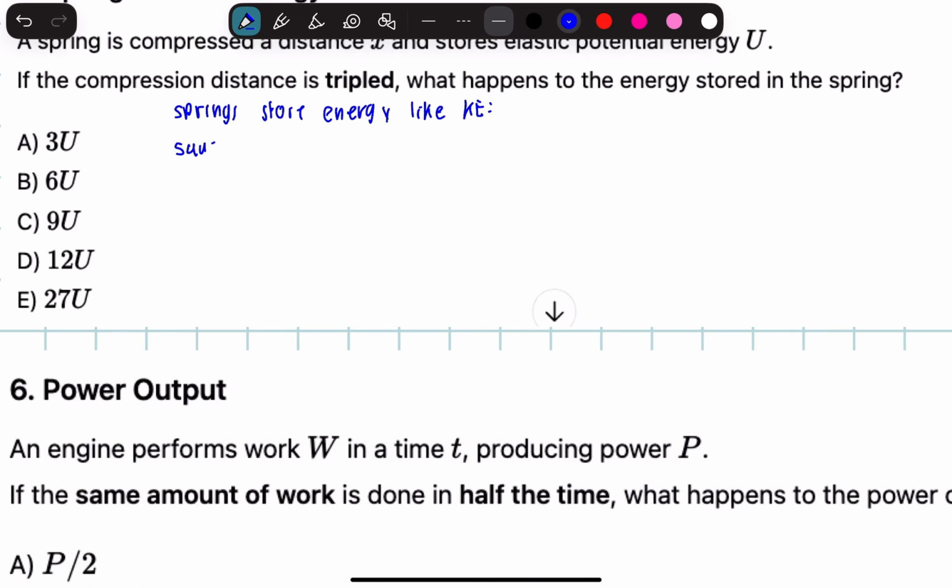So because it's squared, a small increase in compression will result in a big energy increase.